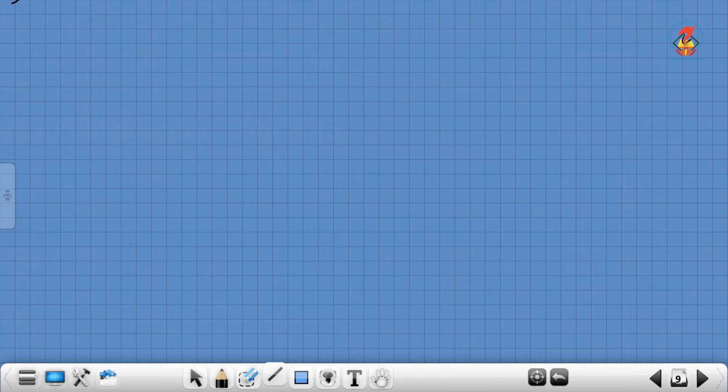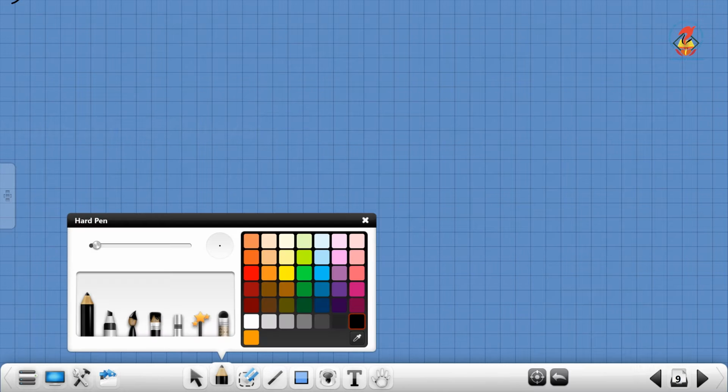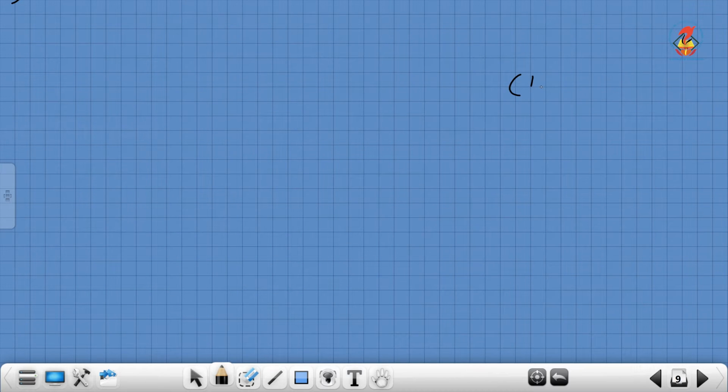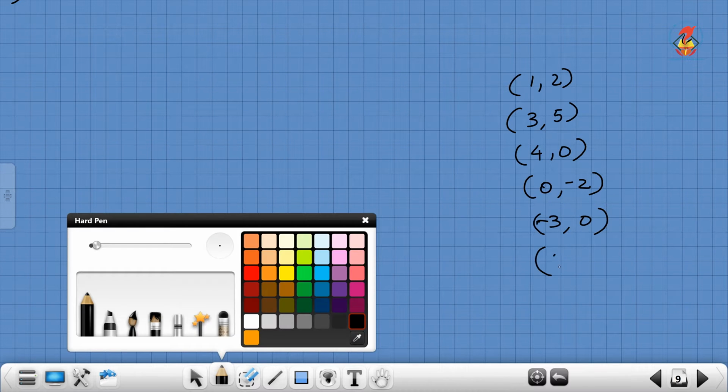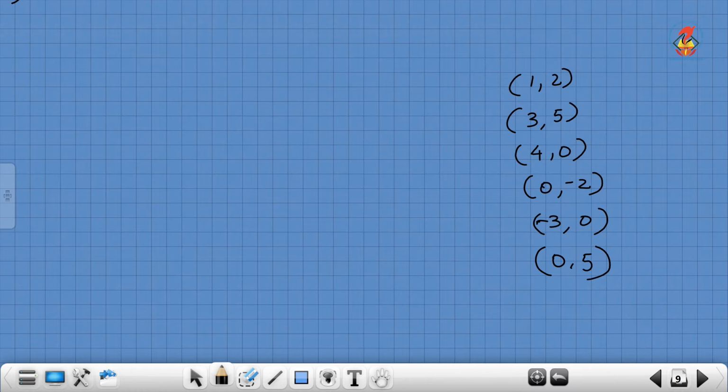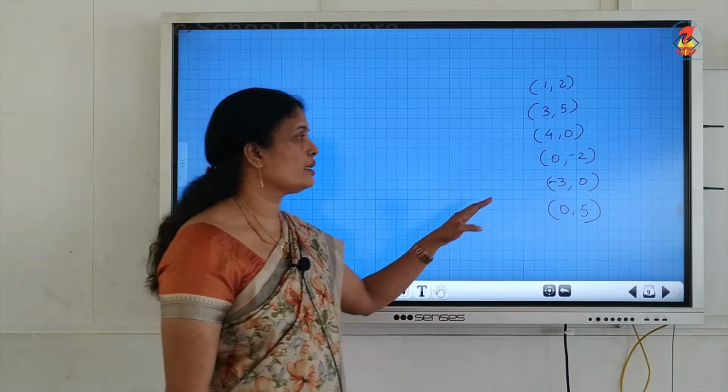For example, 1, 2; 3, 5; 4, 0; 0, negative 2; negative 3, 0; next 0, 5. How can you plot these points on graph paper?